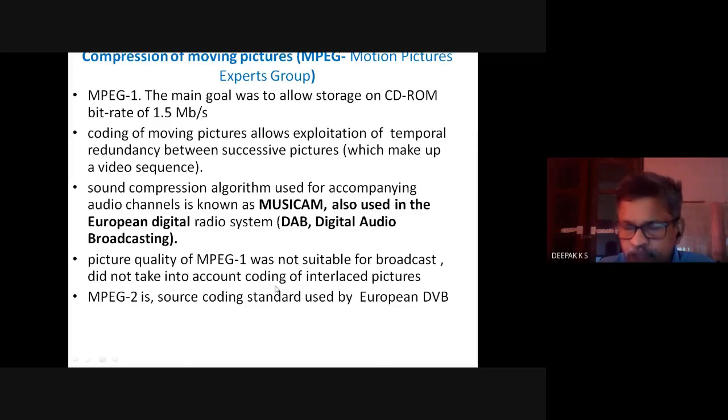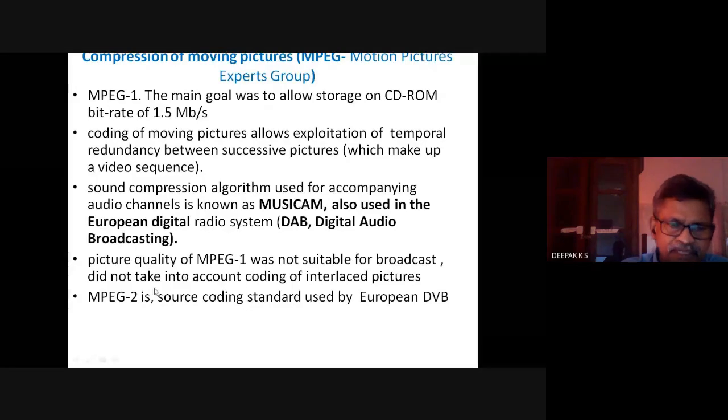That left out field scanning is the interlaced scanning. That is not taken into account in MPEG 1, but nevertheless all the principles are covered in MPEG 1. So this difference is why MPEG 2 can be used for digital video broadcasting. MPEG 4 gives more compression. So we just see the principles in MPEG 1.